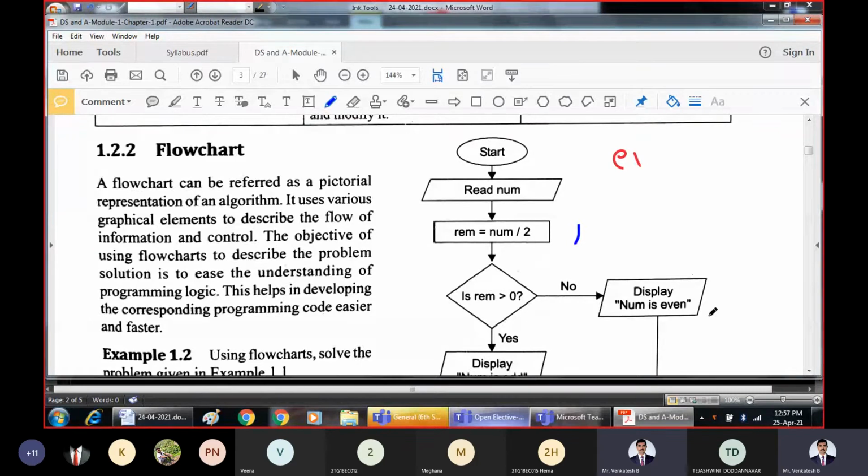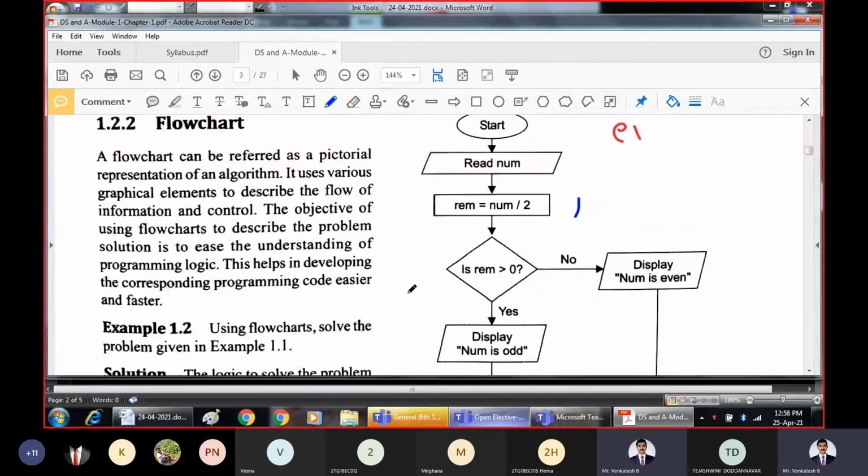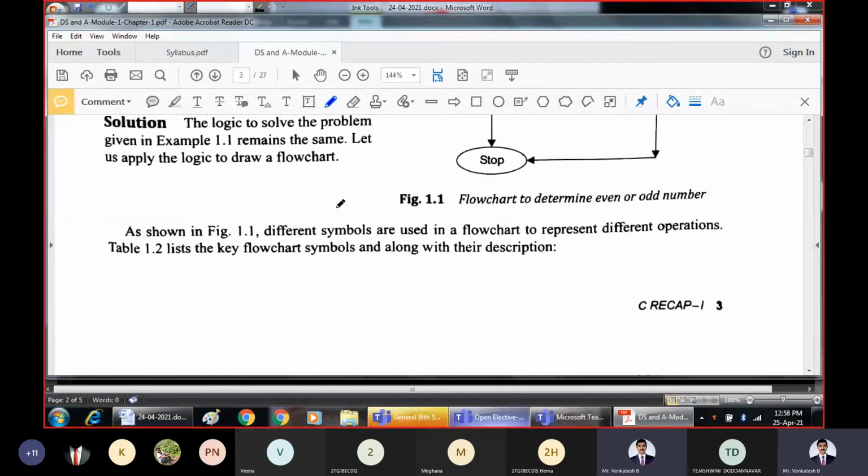An image can convey more information compared to words or sentences. The flowchart is easy to remember compared to algorithms, because it just has symbols and arrow marks showing how the process is going to work.